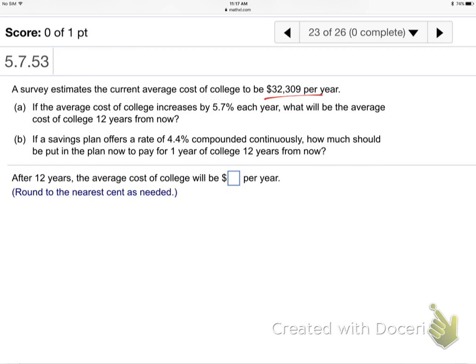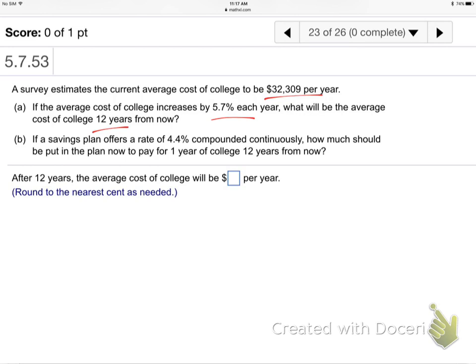If the average cost of college increases 5.7% each year, what will be the average cost of college 12 years from now? So, inflation, it's basically the same equations we've been using. 5.7% each year, so that's annual.